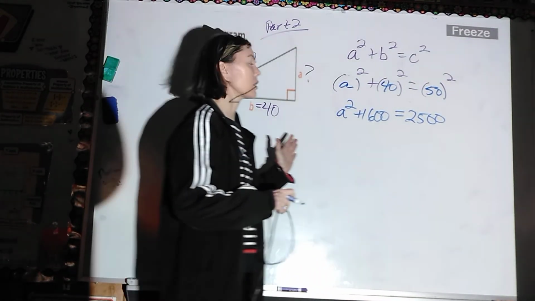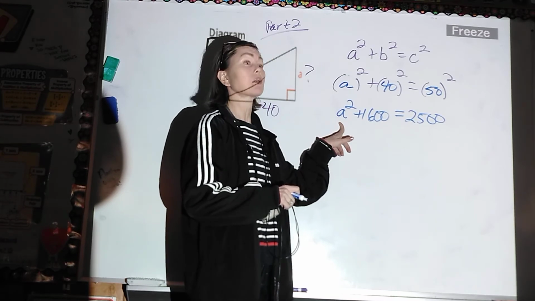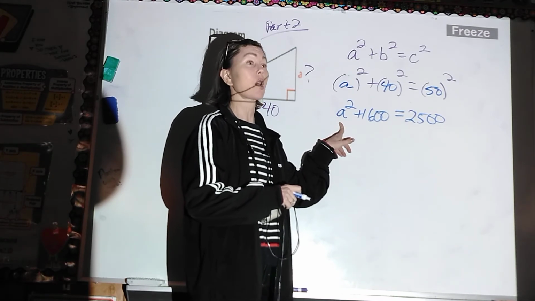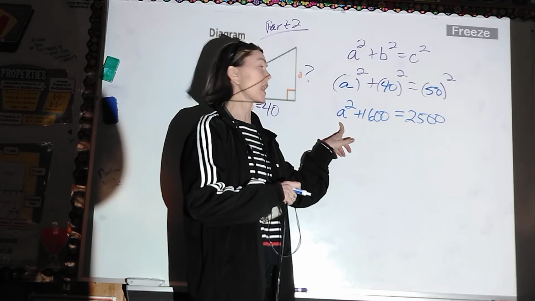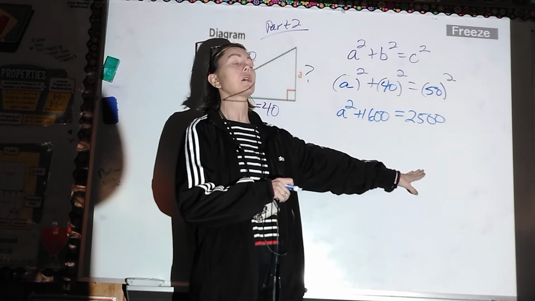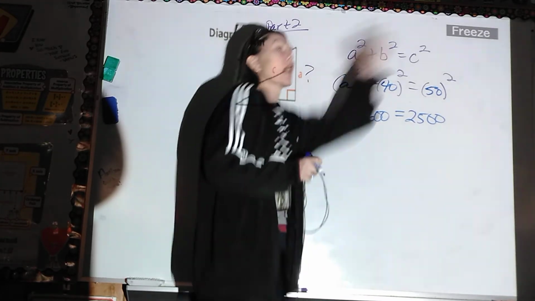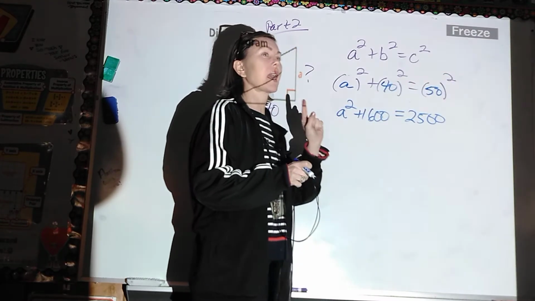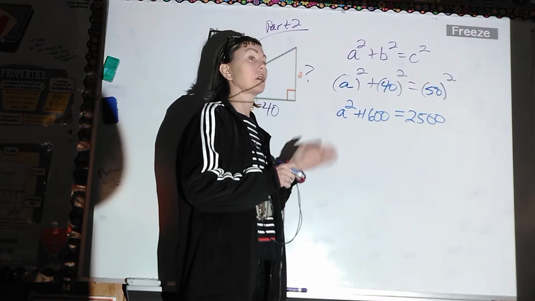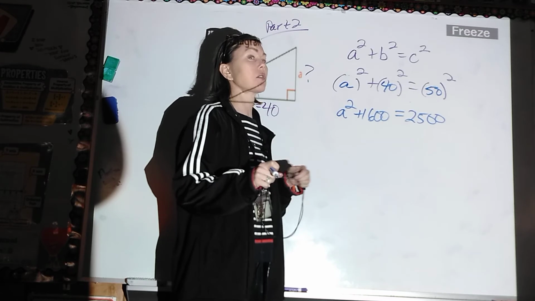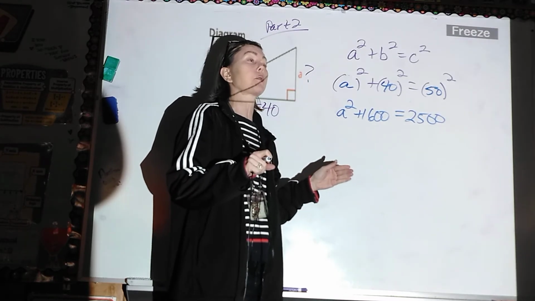So here's the thing. We need to solve for A, which means we need to get the A all by itself, which means it has to say A equals something. So what do we need to move to the other side to get the A all by itself? 1600. How do we do that? By doing the opposite of what we were given.